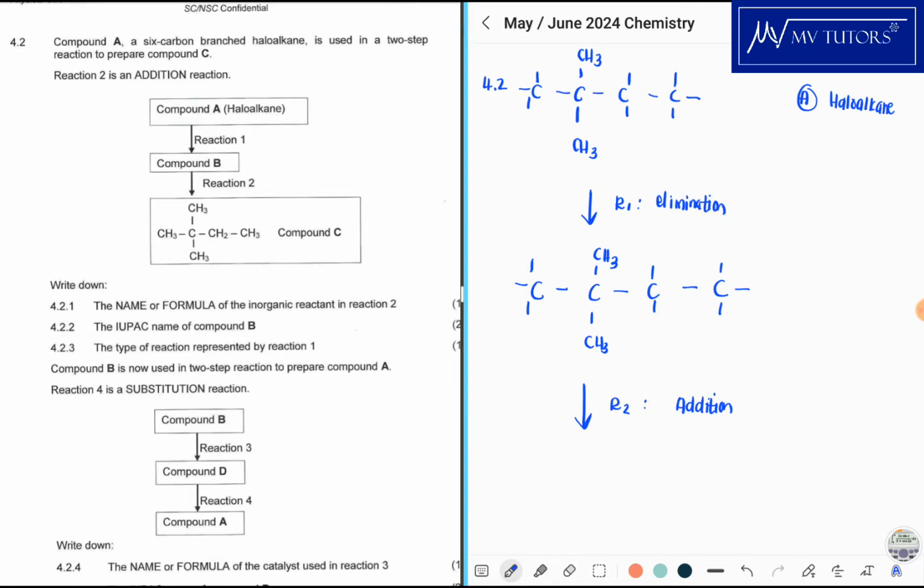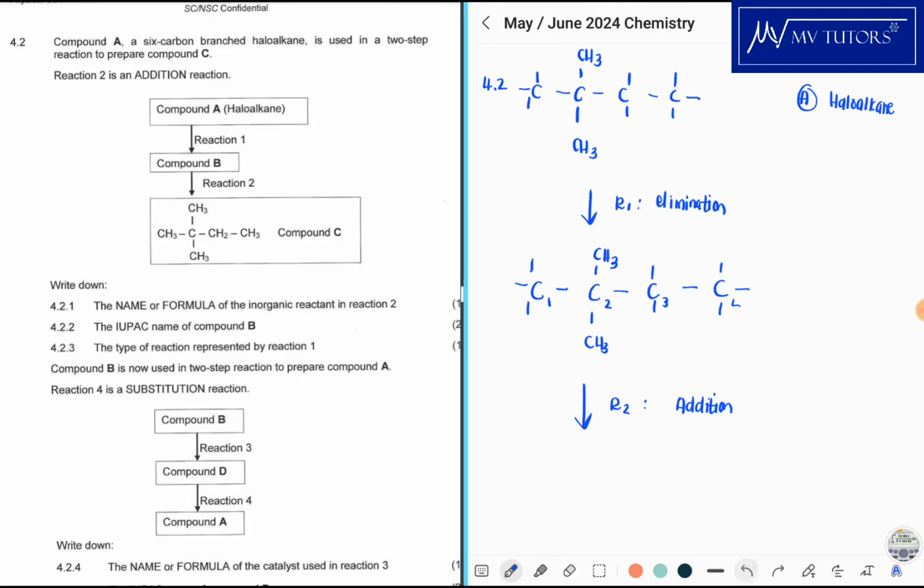And in order for us, for elimination, we're going to use Zaytsev's rule. Zaytsev says that with elimination, we're going to look at the carbon with the least hydrogens. Okay, and that's where we see where we can have a double bond. So the least amount of hydrogens is for carbon number, if I take that as 1 and that's 2, 3.